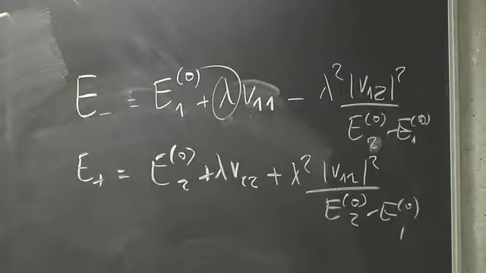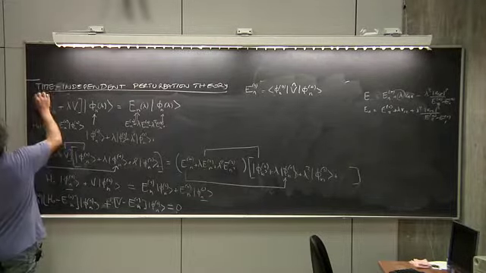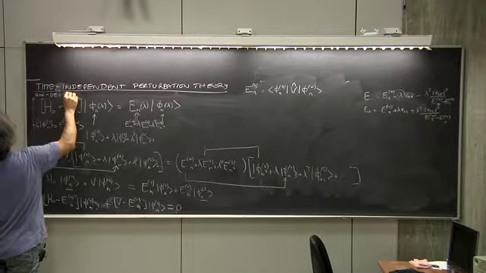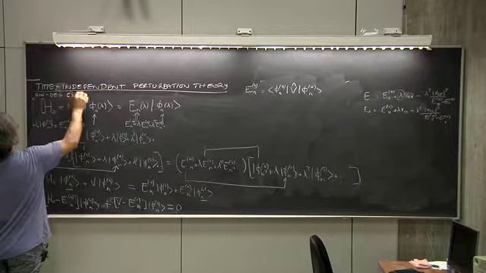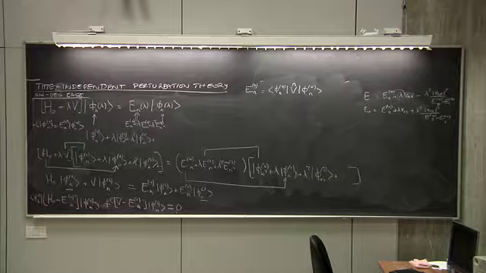Okay? By the way, all I'm doing here assumes non-degenerate eigenvalues. Okay? So every time, the non-degenerate case. Okay? So is this clear until now?